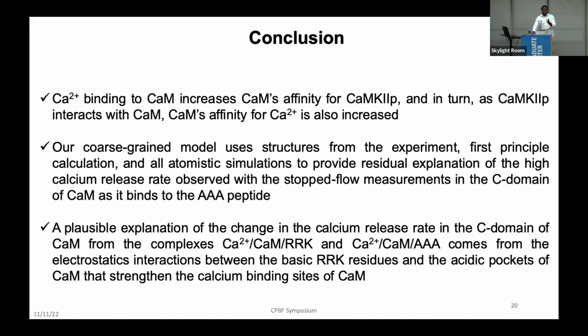So this transient interaction helps to strengthen the calcium binding site and to keep the calcium in the binding loop, which was not observed in the case of the peptide with triple mutation, since those residues are not charged residues.